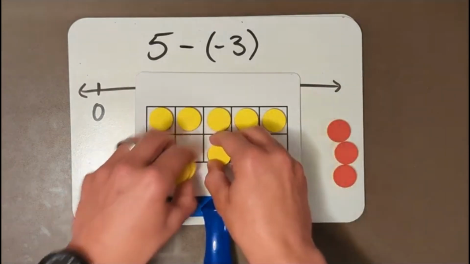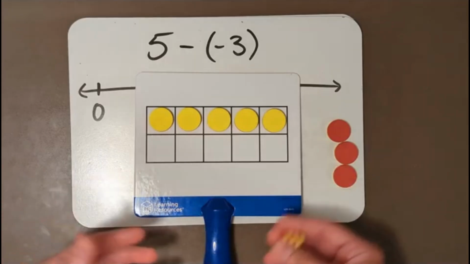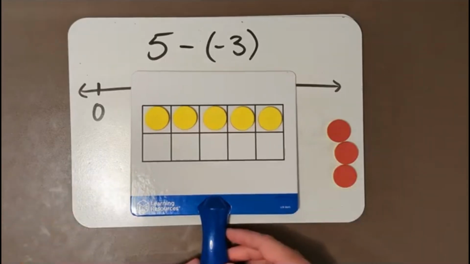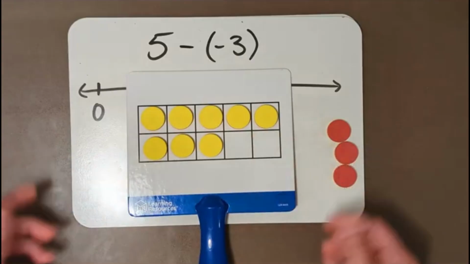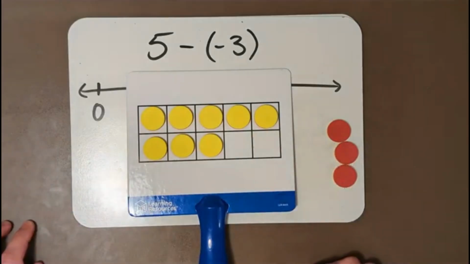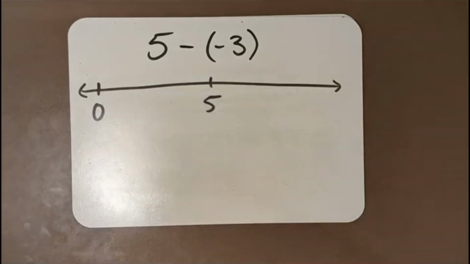So with the shortcut, instead of taking away 3 red counters, we think of this as adding 3 yellow, just that one step. We can do that because we end up with the same result either way. So that's our concrete model explanation of that rule.